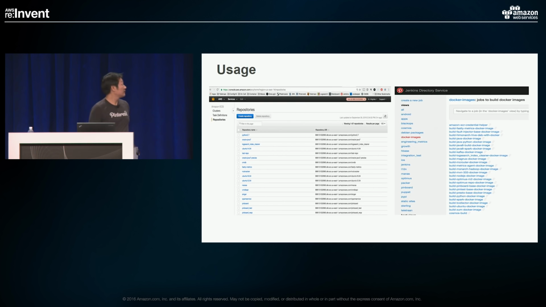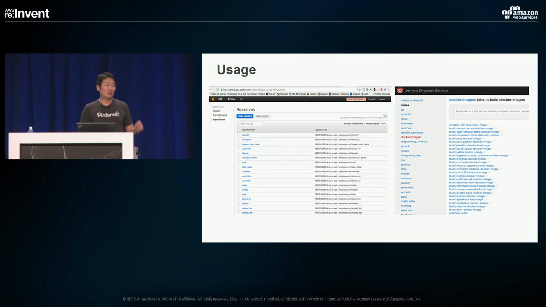Next, this is a sneak peek of our ECR repository and the Jenkins job directory we built in-house. Currently, we have over 20 image repos, and we use Jenkins to build, test, and tag, then push images into ECR. And we have an in-house policy that only Jenkins can push images onto ECR, and developers should not push images from their laptops or dev instances because they could mess it up.